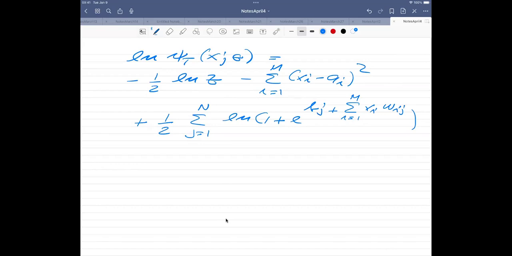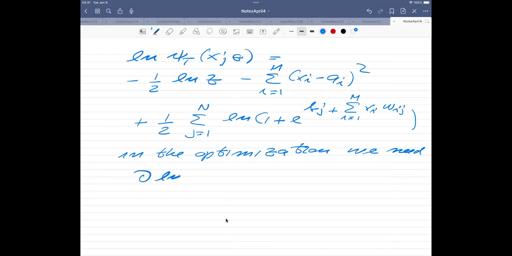Okay, so this is just me setting in the wave functions. And in the optimization, what we need are the following terms. We need the derivative of ln of psi of t with respect to a of i.